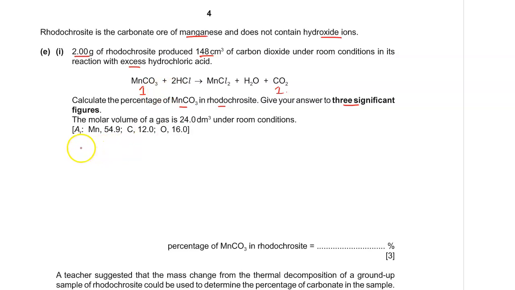So moles of CO2, you're given here the molar gas volume. So 1 mole of a gas is 24,000 centimeters cubed. You change the dm cubed into centimeters cubed, right? And then you ask yourself, 148 centimeters cubed is how many moles, and cross multiply.